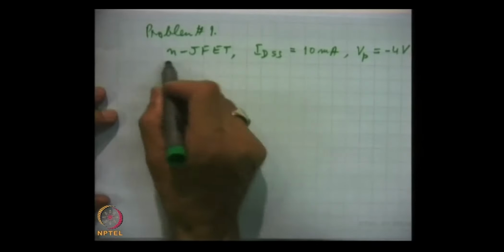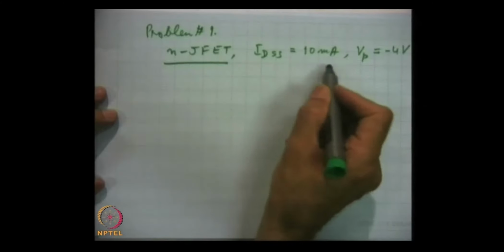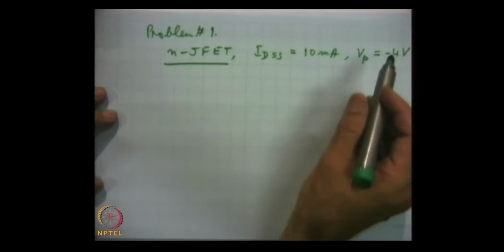So, in this N junction field effect transistor, the IDSS is 10 milliampere and the punch through voltage is 4 volts.